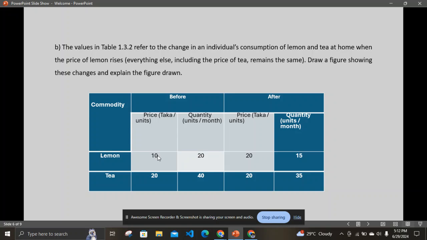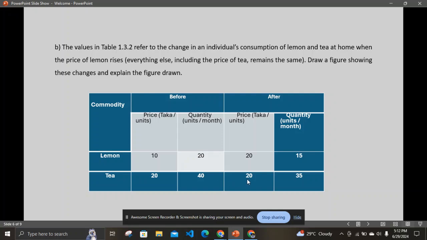In terms of tea, the price remains the same, 20 taka, but the consumption level is decreased from the previous one. In the first month, when a cup of tea costs 20 taka, the consumption is 40 cups per month.